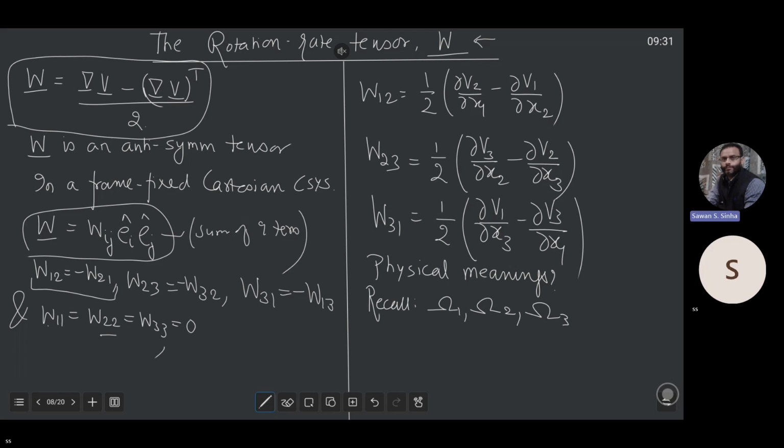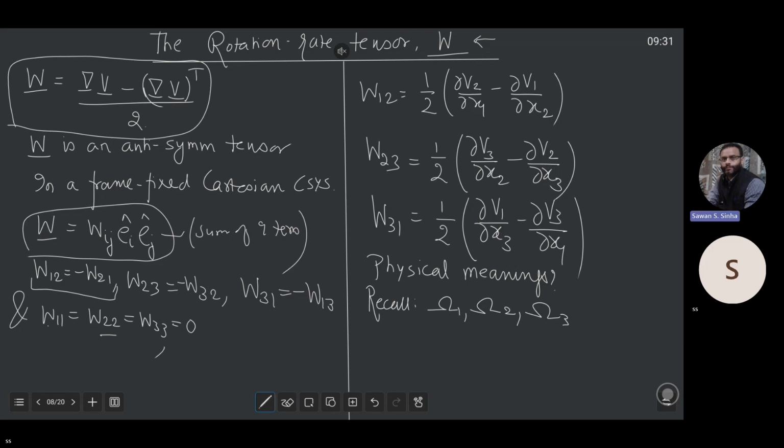Once you work it out, the scalar components, so see here, out of 9 scalar components, 3 are 0, right? And the other 6 are related to each other with a negative sign. All right, so non-trivial scalar components of W are actually only 3. With these 3, you get another 3 with minus sign, and the other 3 are 0.